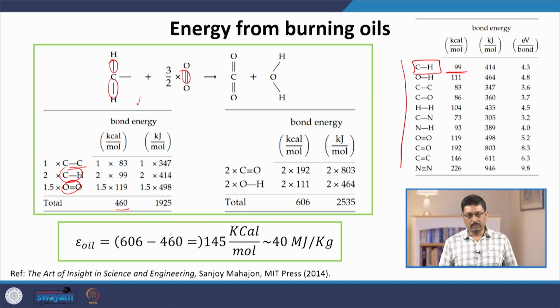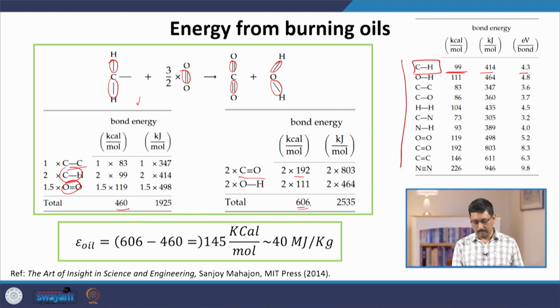One important point I want to highlight here is that the same energies are written or displayed in different units. I have done this deliberately to highlight the importance of units in any calculation. For the right hand side after the reaction, again you have these two bonds and these two bonds, and you can compute the bond energy for each of these bonds.